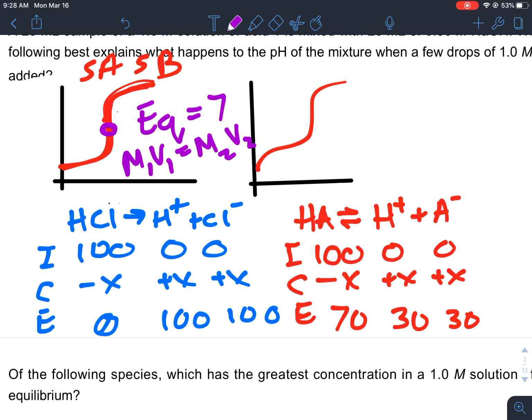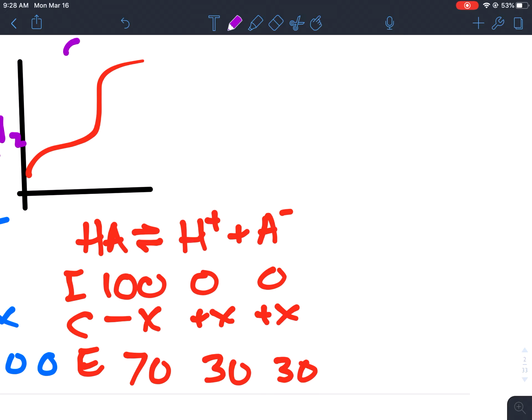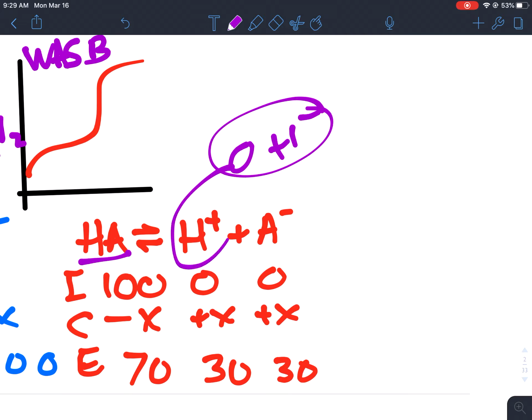But this weak acid, on the other hand, look at what it does. This is a weak acid, strong base. When you have this weak acid HA and you start adding OH minus, that OH minus starts to consume the H plus. So think about Le Chatelier's principle.